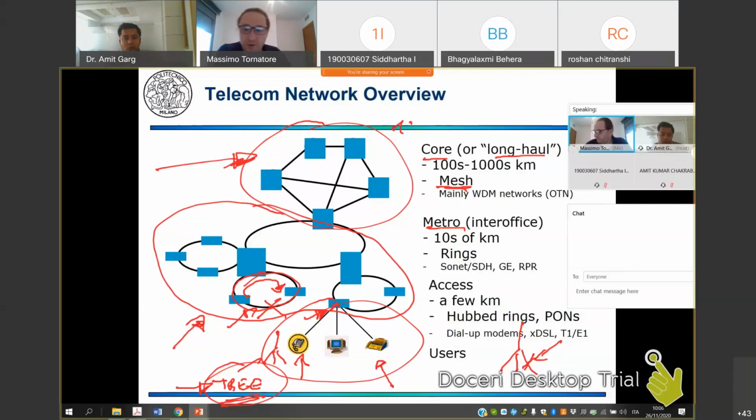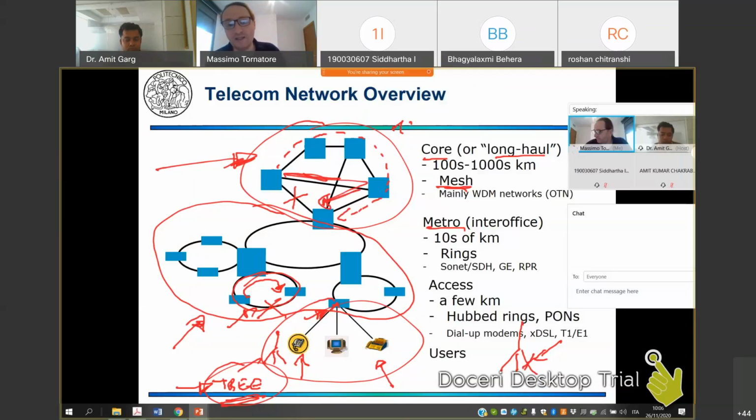In core networks, people are using mesh topologies, and the mesh topologies are indeed motivated, among other reasons, also by reliability. Because if you think about it, in a mesh network, if you have a failure on a link like this link, you're no longer forced to travel with the secondary path all over the entire edge of the network, but you can somehow shortcut your backup path on a shorter path.